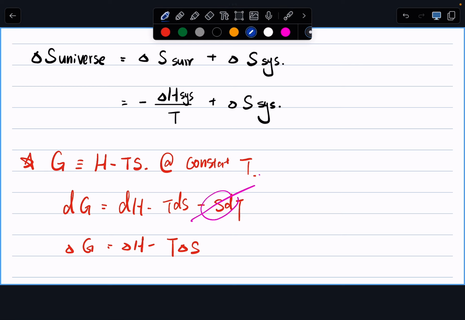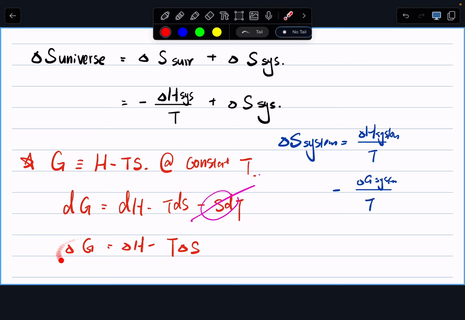And we can put that back into our delta S of the system there. So we're getting my delta S of the system. This one is just using here.